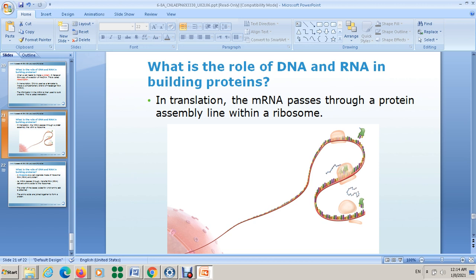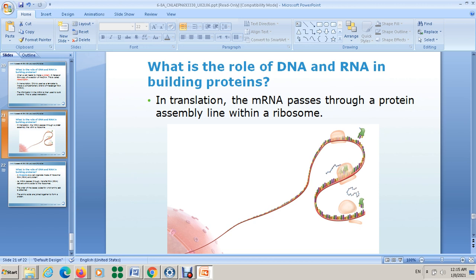Then the messenger RNA, with the help of the ribosomal RNA and the transfer RNA, will work together in translation, to translate the information on the messenger RNA to make the required protein.